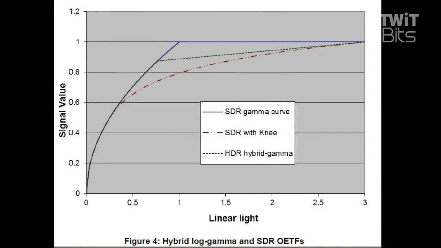Yes, indeed. But anyway, a part of the PQ curve is used in the hybrid log gamma system, and all of the PQ curve is used in the Philips Technicolor system, the Dolby Vision system, and the HDR10 system.